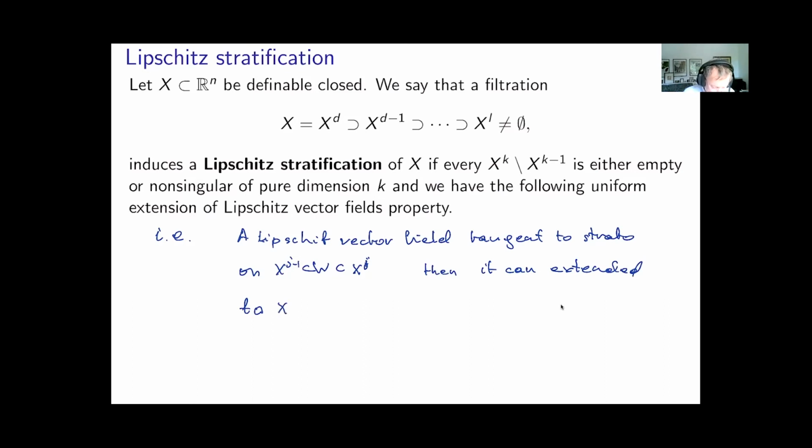But let me write xj, in the way that the extension is still Lipschitz. It's uniform. So Lipschitz vector field with Lipschitz constant L.